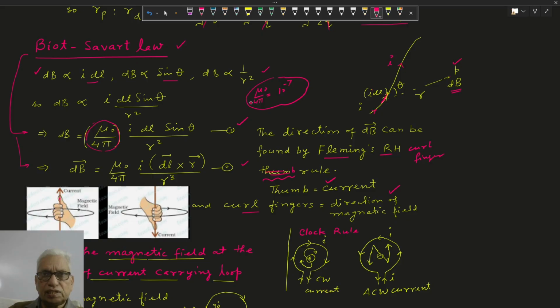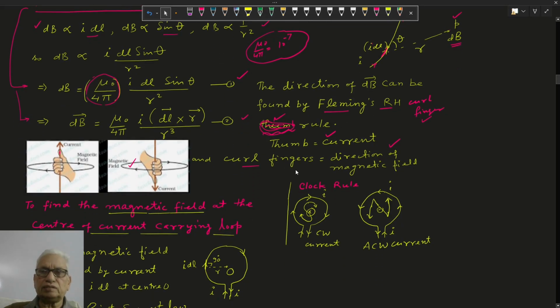We can apply it easily. It's better to say it is the curl finger rule. By using the right hand curl finger rule, we can find out the direction of magnetic field, and by using the right hand thumb rule, we can find out the direction of induced current. Here we are not using the right hand thumb rule, we are using the right hand curl finger rule.